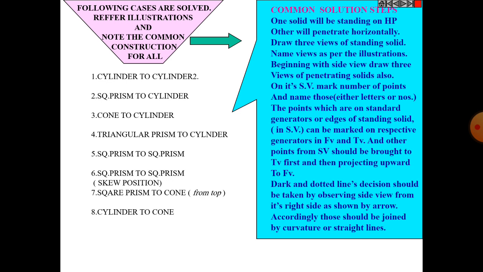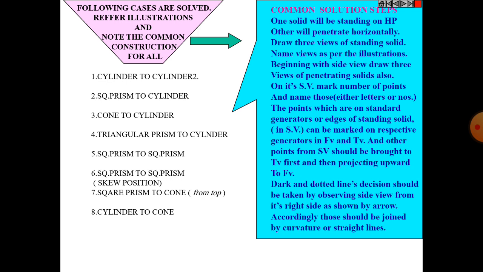The intersection of two solids is shown in the side view. Next, mark the number of points and name those points on the views, which are on standard generators. You know the standard generators are edges of the standing solid.